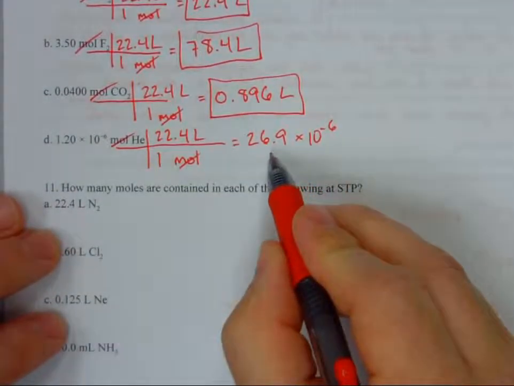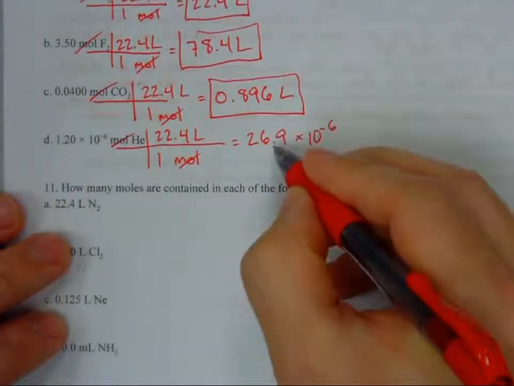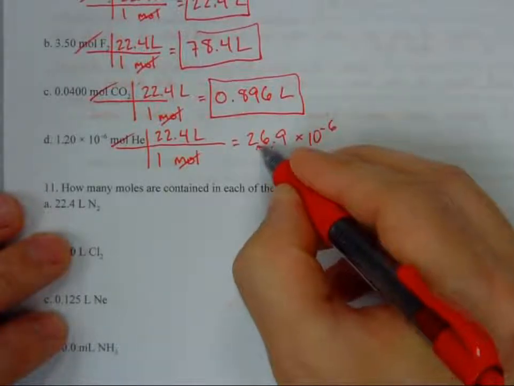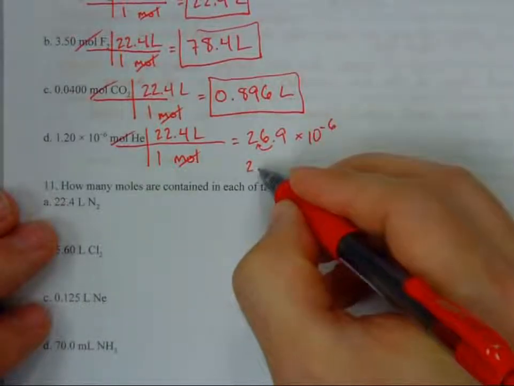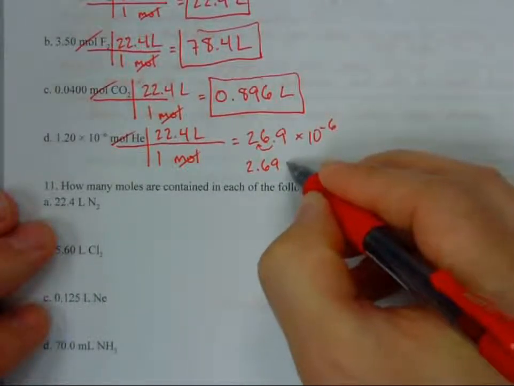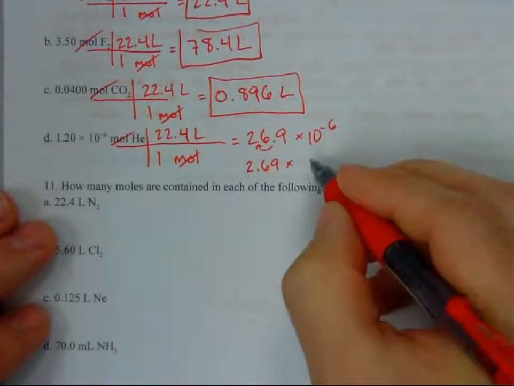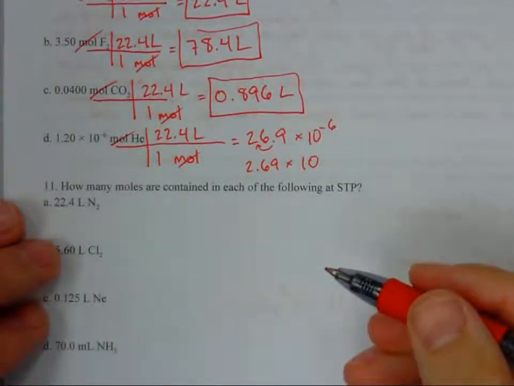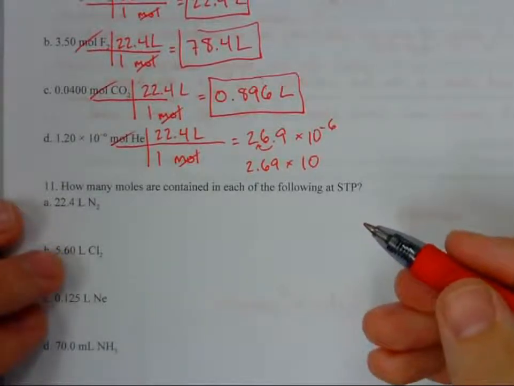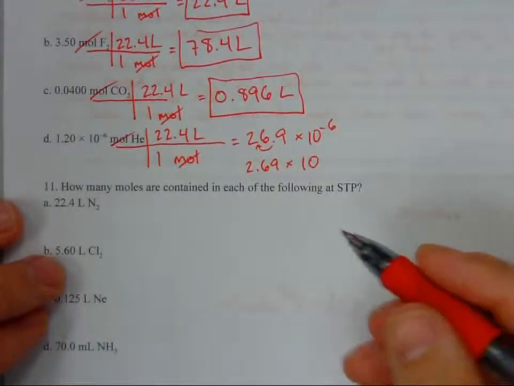Okay? Now you guys can see that this is not in proper scientific notation. I have to move this decimal over 1. Now, why am I moving the decimal over 1? Because this value right here, that 26.9, is too large to be in proper scientific notation, right? It has to be between the values of 1 and 10. This is above that.